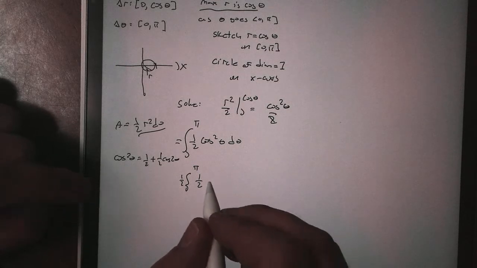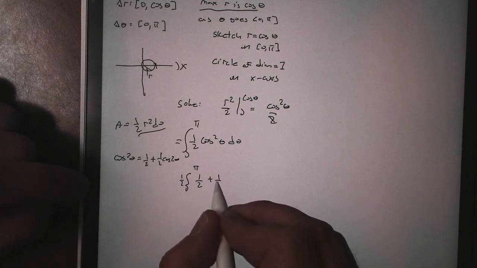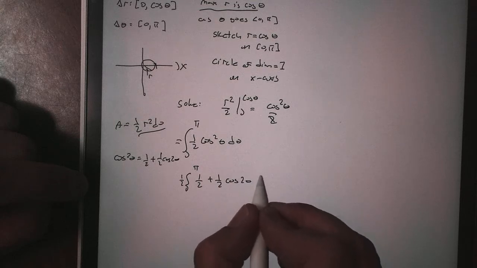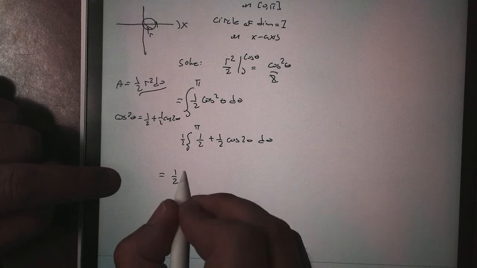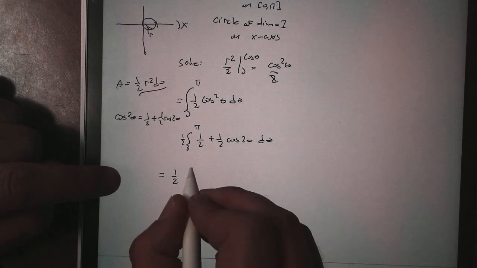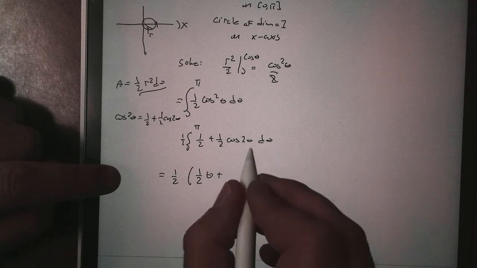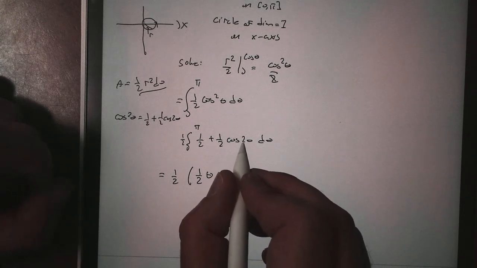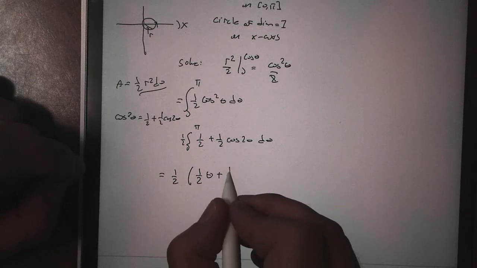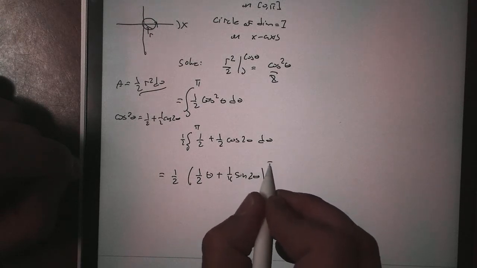And so if we integrate this, we rewrite it as 1/2 plus 1/2 cosine 2 theta d theta, and that I can integrate. We get 1/2, and this becomes 1/2 theta plus 1/4 sine 2 theta from 0 to pi.